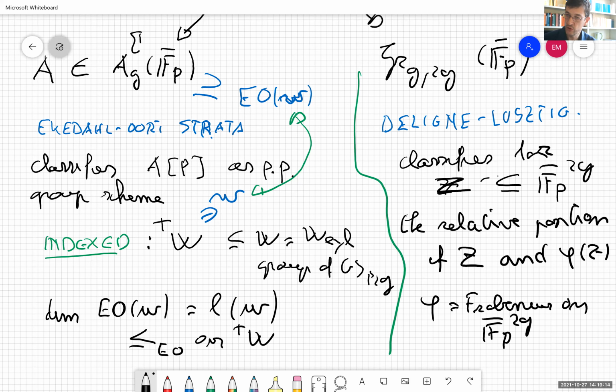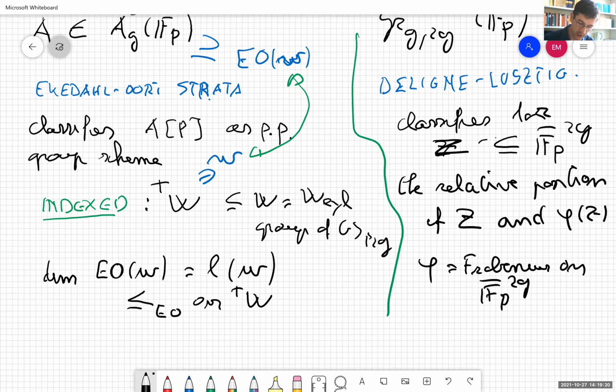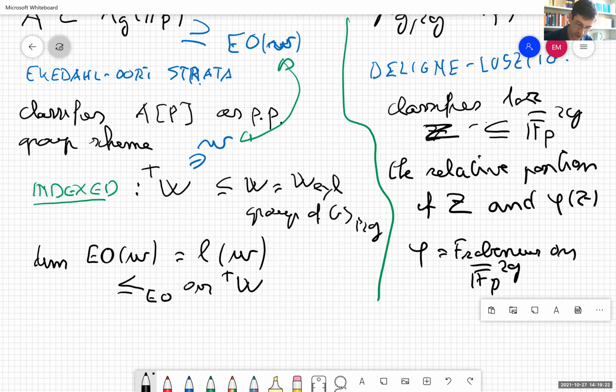So you apply Frobenius component-wise, you get an automorphism. This map transforms the subspace into another subspace, which is again isotropic of dimension g. And you look at how these two subspaces are related. Maybe they intersect, maybe not. What is the dimension of the intersection? Whether this intersection is Frobenius stable and stuff like that.